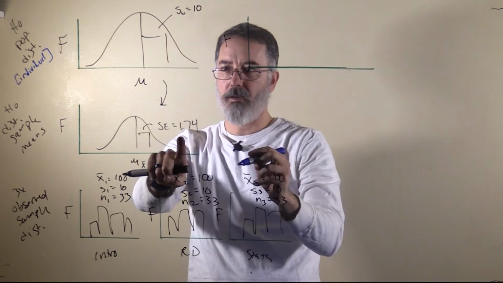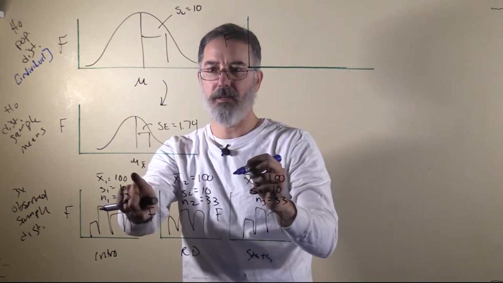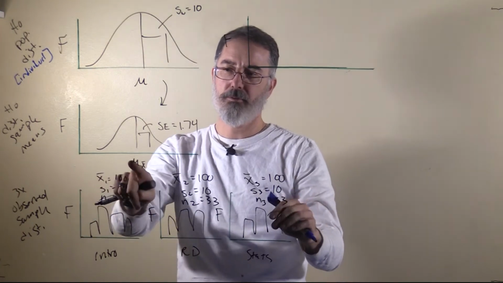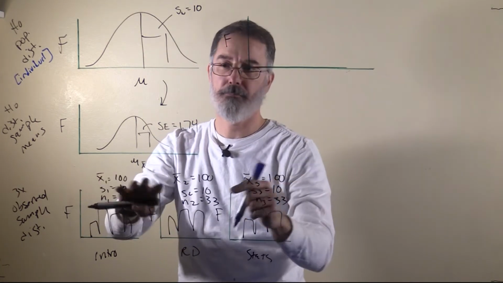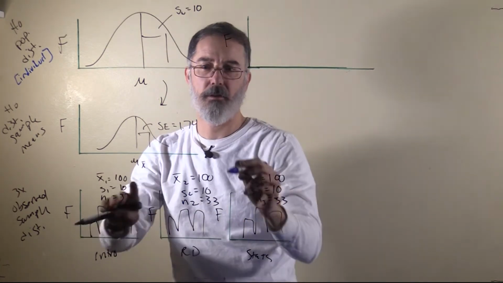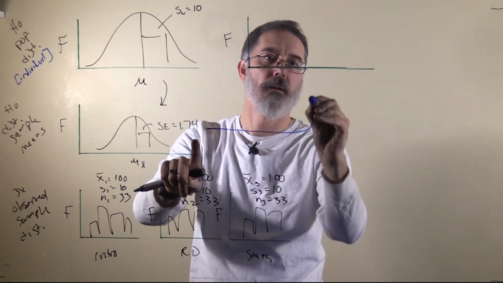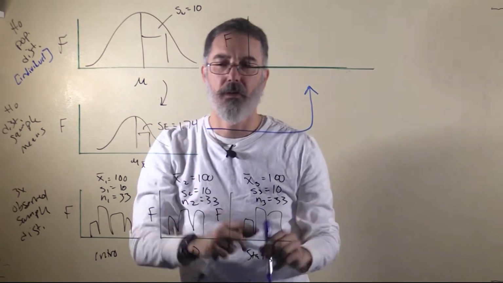We're actually going to take the mean here, right? So this is, if the null hypothesis is true, what we expect the variance to be for our observed sample. So we're going to take this 1.74 and we're going to put that up here.